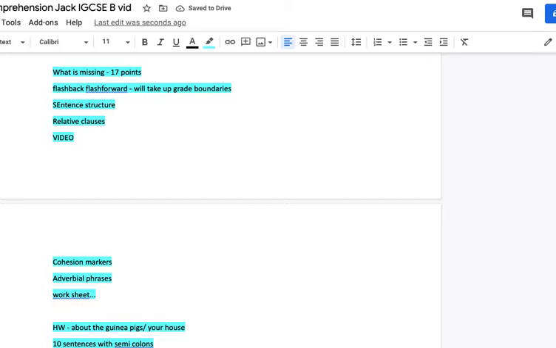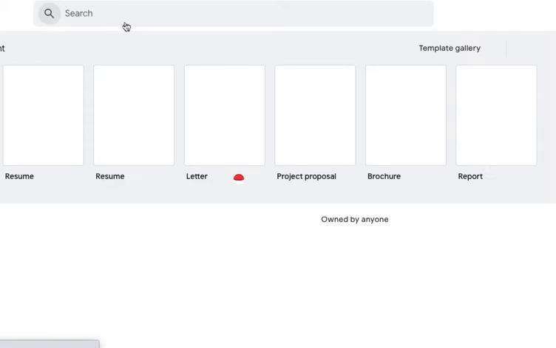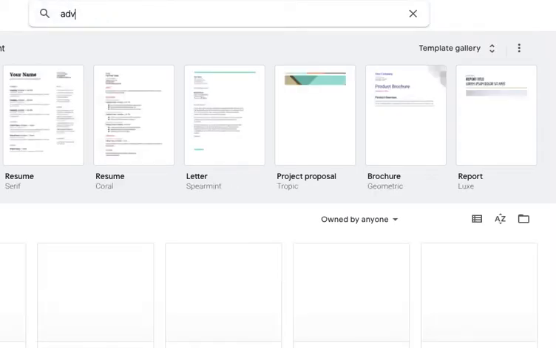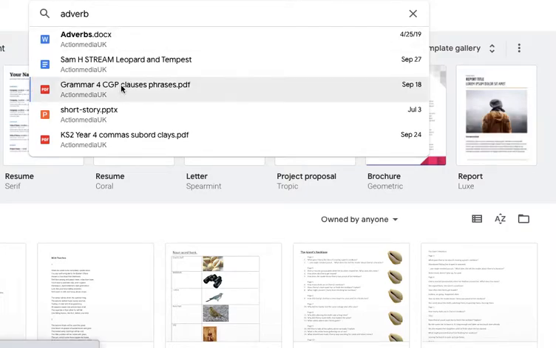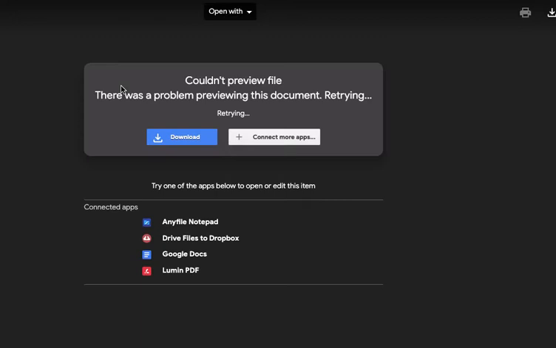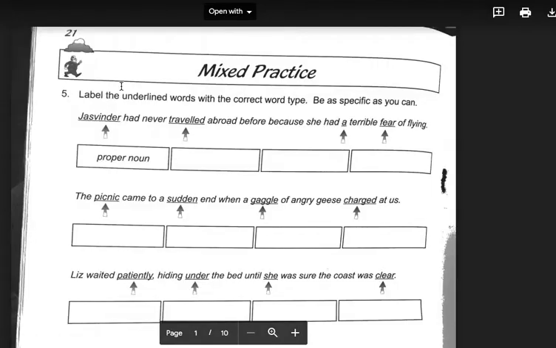I think I've got one in here. Okay. Let me just find it. Yeah, clause phrases. Let me have a look. Here it is.